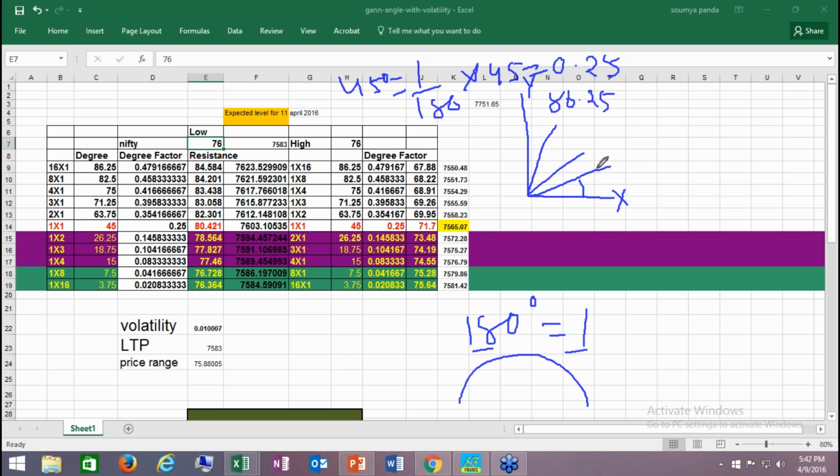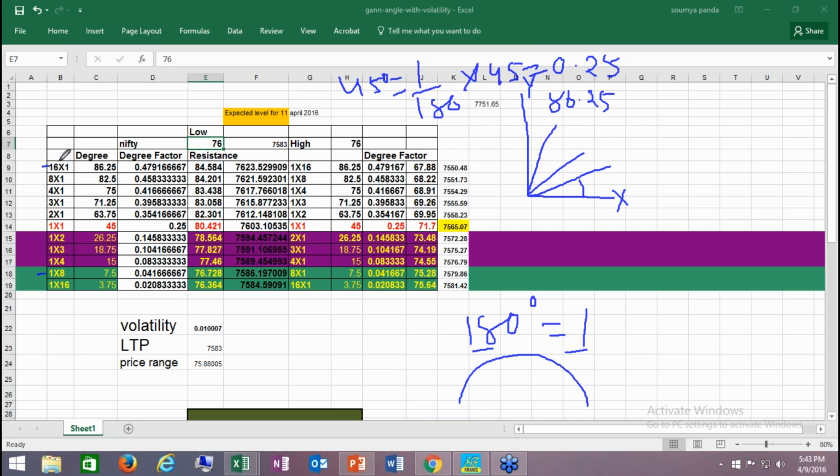If you take the entire set of lines as 360 degrees, 1 by 16 means 1 unit of price change happens in 16 units of time. 1 by 8 means 1 unit of price change happens in 8 units of time. When I talk about 16 by 1, 16 units of price change happened in 1 unit of time.